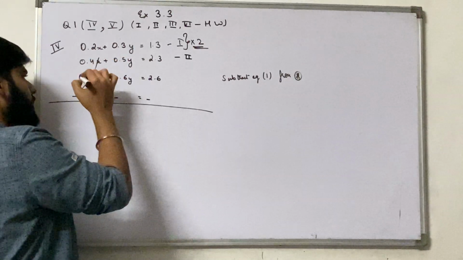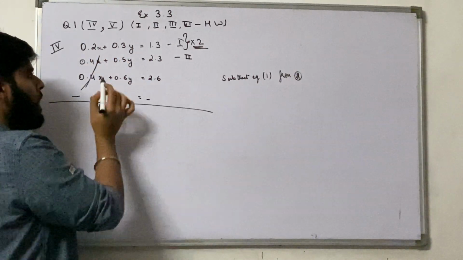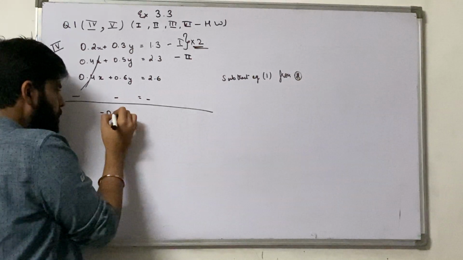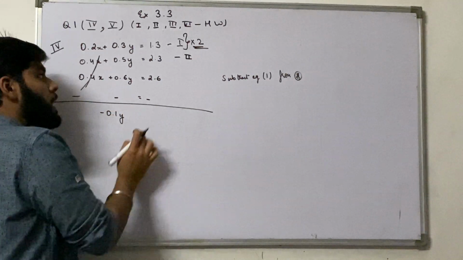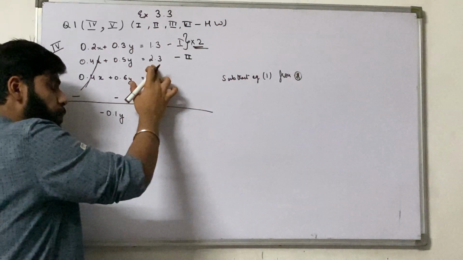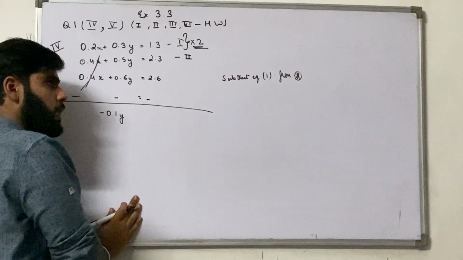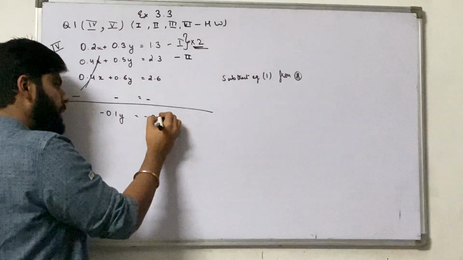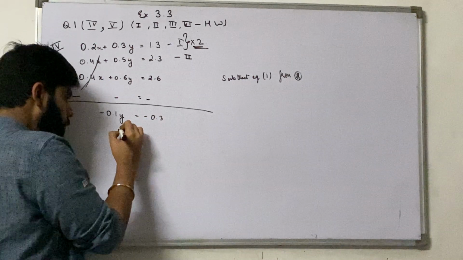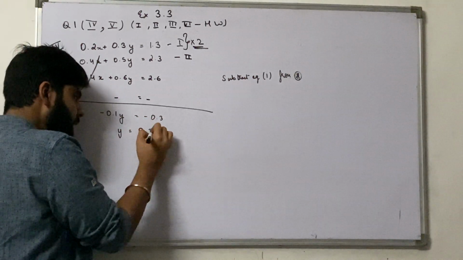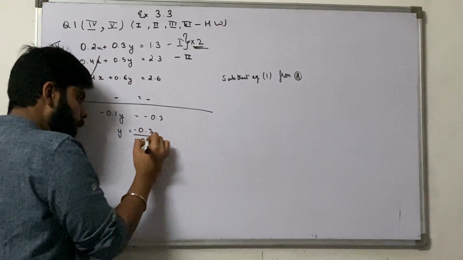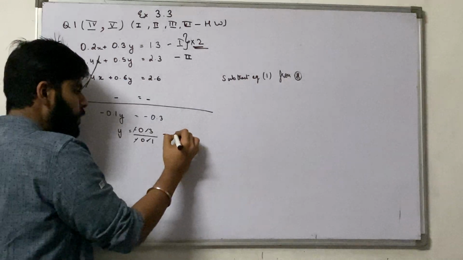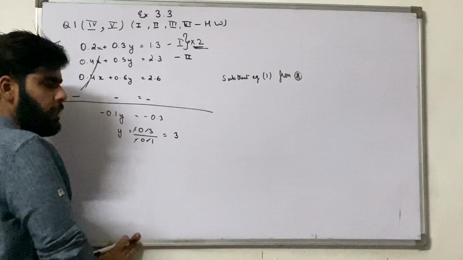Now, this simply cancels out. 0.5 minus 0.6, this comes out to be minus 0.1y. 2.3 minus 2.6, this comes out to be minus 0.3. Now, y is equal to 0.3 divided by 0.1. Minus minus cancel, point cancel. Therefore, y is equal to 3.